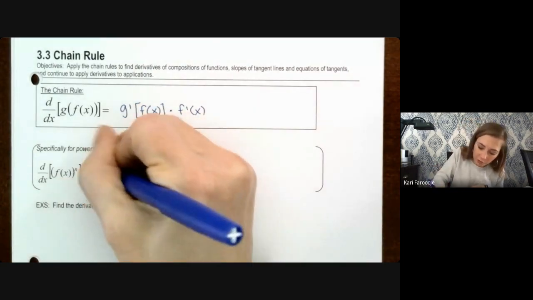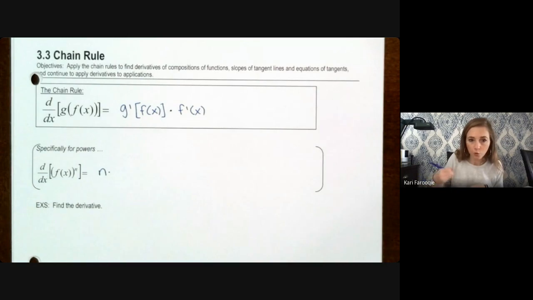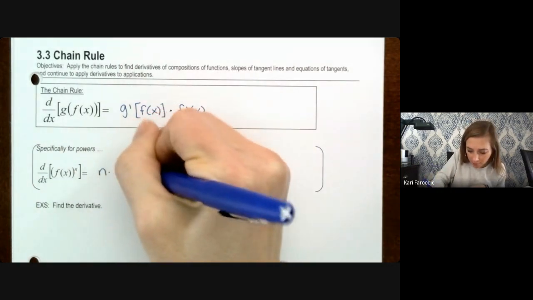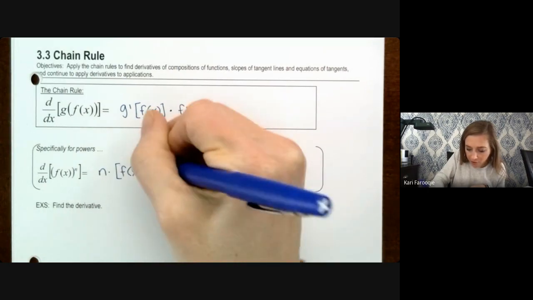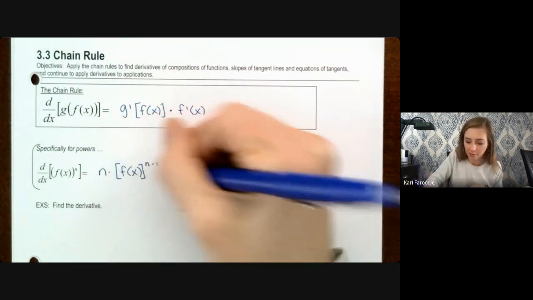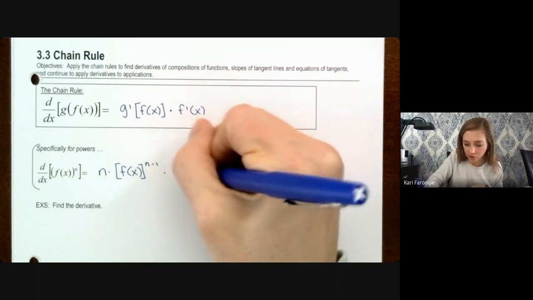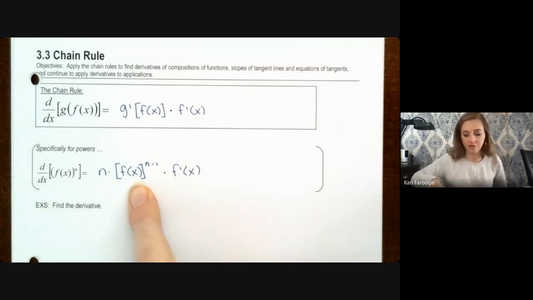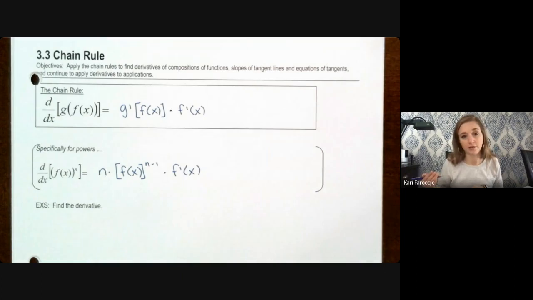You can bring the exponent down, rewrite the inside function, decrease the power by 1, and then you can multiply by the derivative of the inside function. So it starts out basically doing the exact same thing as what we've been doing with our derivative rules from 3.1. The only difference is that if this inside function is composite, we have to multiply by its derivative.